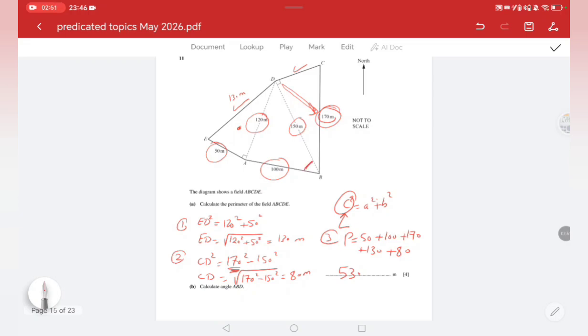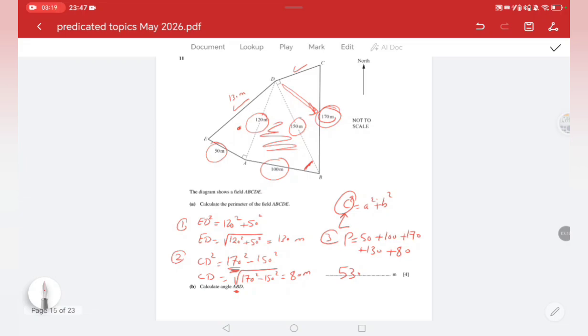ABD, so it should be this one, angle ABD. If you look at this triangle, you have to ask yourself, is this a right angle triangle? No, so you cannot use Pythagoras, and you cannot use trigonometric ratios. Since it's a non-right angle triangle, the first thing to think about is the sine rule.